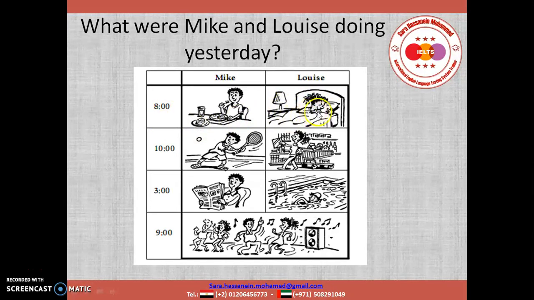She was sleeping. She was in the middle of the action, which is sleeping. How about this picture? What was Mike doing at 10? He was playing tennis. What was Louise doing at 10? She was shopping.